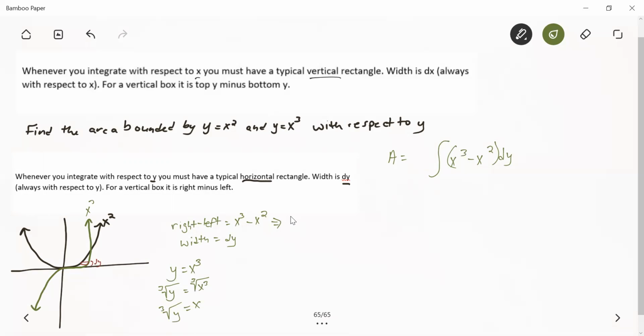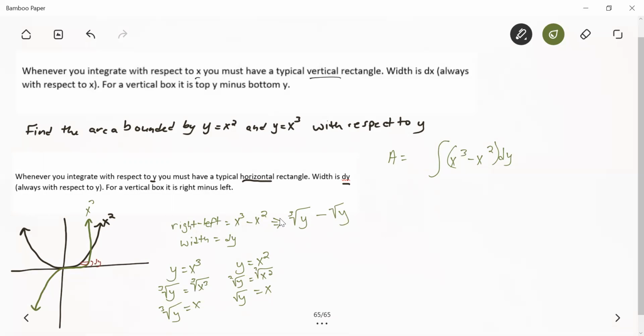So this becomes the cube root of y minus whatever our x squared is. Let's do that. If I take the square root of both sides, this gives me x equals the square root of y, and we don't have to write the 2, it is implied.